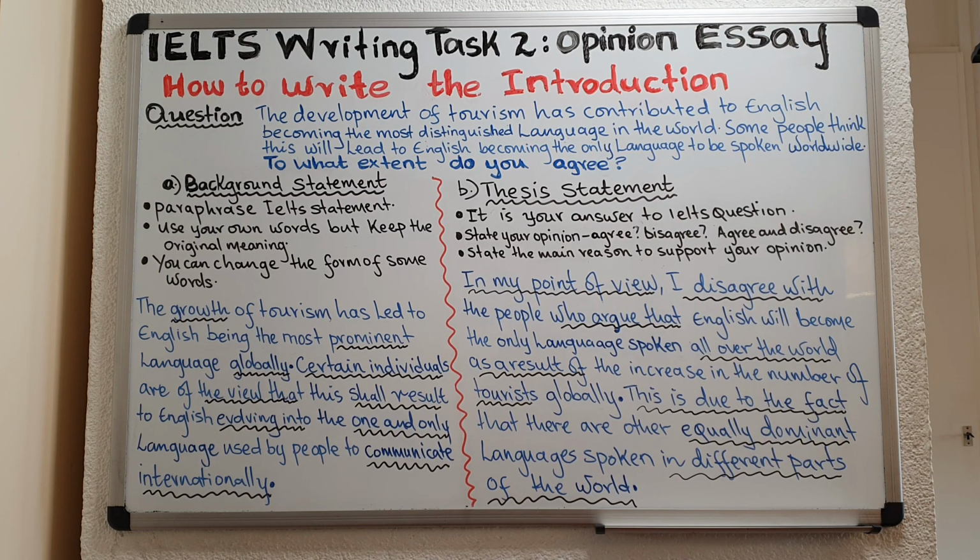The next word we are going to replace is becoming. We are going to replace that word with the word being. The development of tourism has contributed to English becoming. The growth of tourism has led to English being the most. So we are going to replace the word distinguished with prominent.